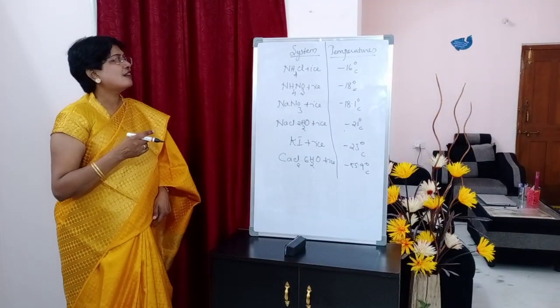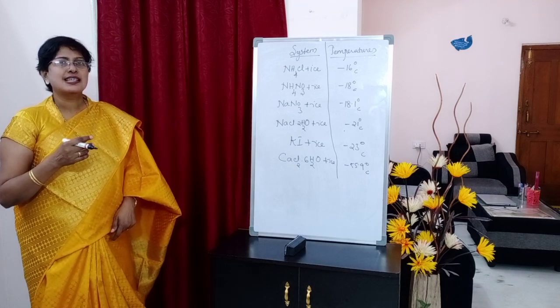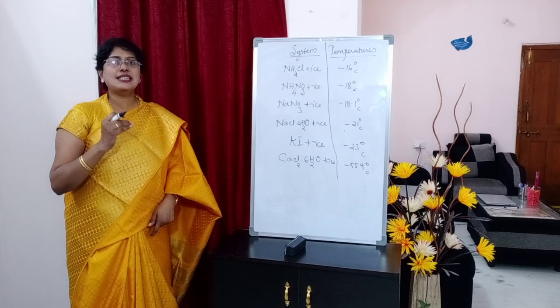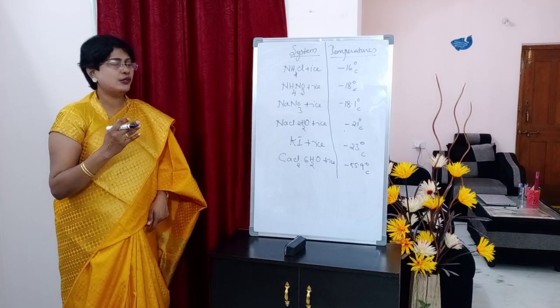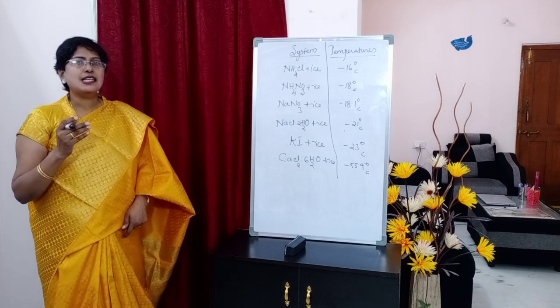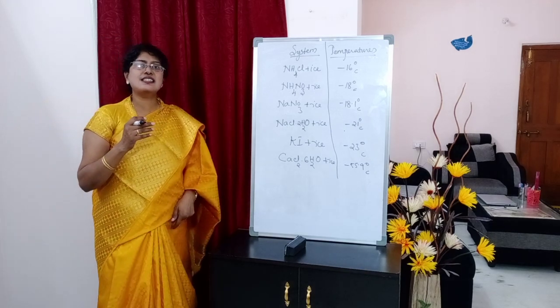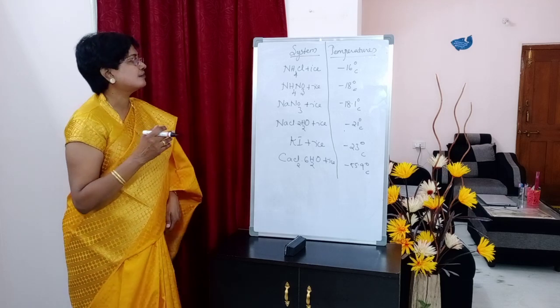So students, write down the system and the temperatures. System is the salt in contact with ice. Okay, so first one I have given the example, NH4Cl plus ice, ammonium chloride plus ice, minus 16 degrees centigrade.